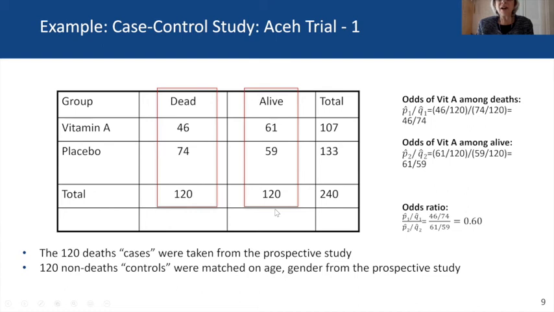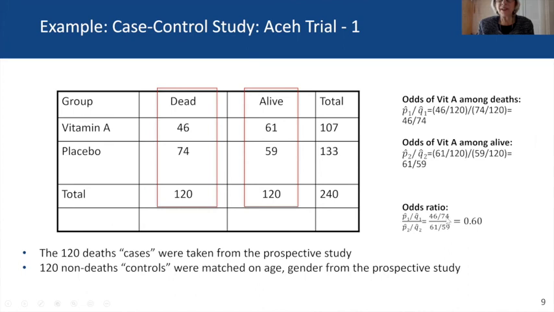Then we would look at the odds of vitamin A among those who survived. And the proportion who had vitamin A is 61 out of 120. The proportion who had placebo is 59 divided by 120. The 120s cancel out, and we're left with 61 divided by 59. So this allows us to see an odds ratio, which is equal to the odds of receiving vitamin A among those who died, divided by the odds of receiving vitamin A among those who remained alive.